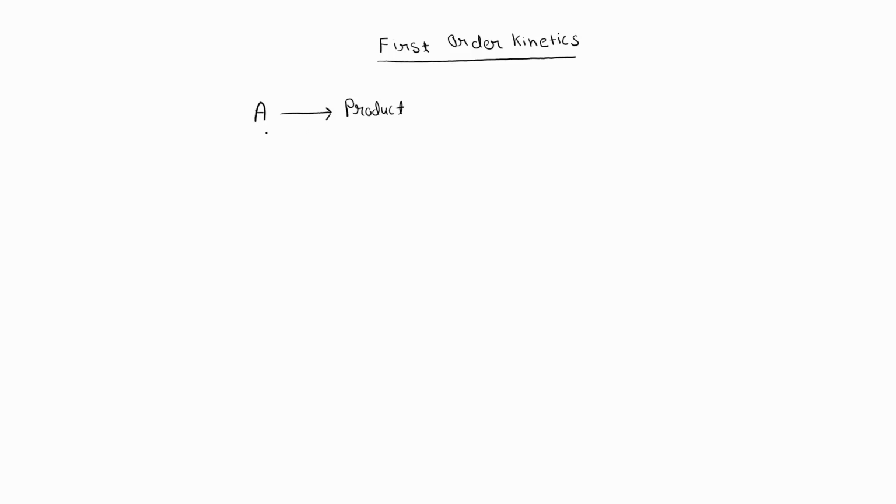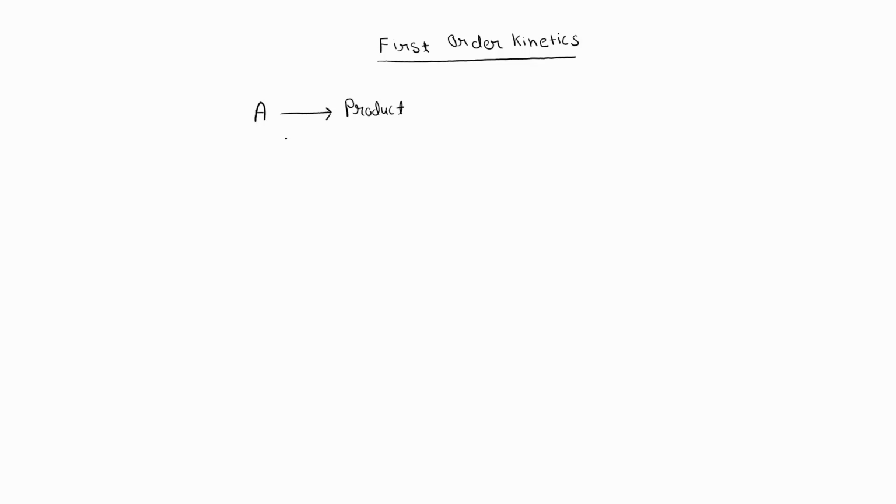If there is some stoichiometric coefficient of A, then the integrated rate law, half-life and lifetime of completion of the reaction will change. So I will cover only the A gives product type reaction, and this topic is very important because 99% of the questions will come from first order kinetics.